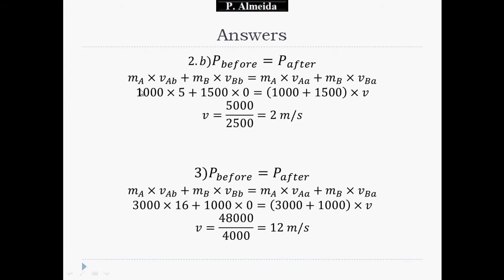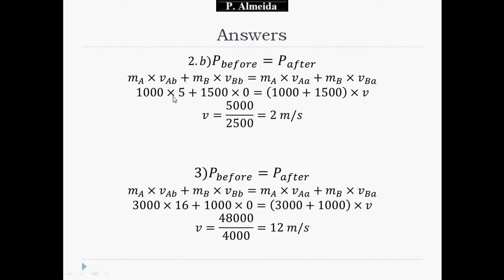So substituting the values, 1,000 mass of the first times 5 velocity before the collision, plus 1,500 mass of the second times initial velocity 0 because it was stationary, equals 1,000 times V plus 1,500 times V. The two V's are the same, so I can get 1,000 plus 1,500 times V. That is going to give me 2,500.